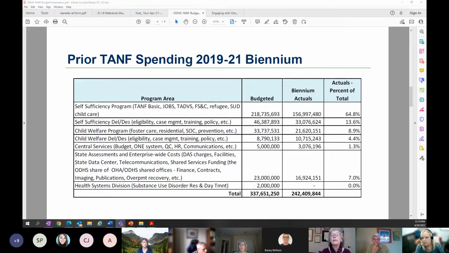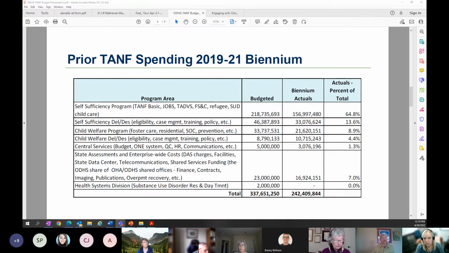There's some for services that go out through system of care, and some other, mainly foster care prevention type stuff, which is similar to family support and connections types of activities. And then a small amount also went for child welfare staff, mainly for covering the case management activities.